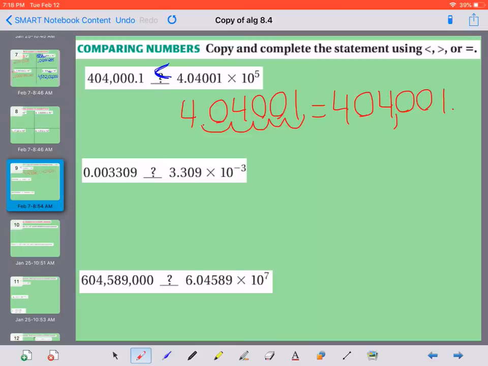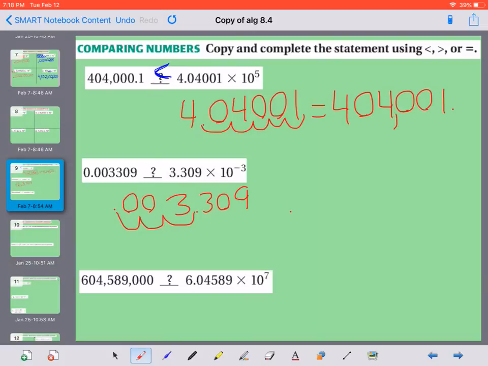Here again, we have this smaller number, 0.003309. I'm going to take my 3.309 and move my decimal point 3 spaces so I can get a smaller number because it's a negative. So negative 1, 2, 3.